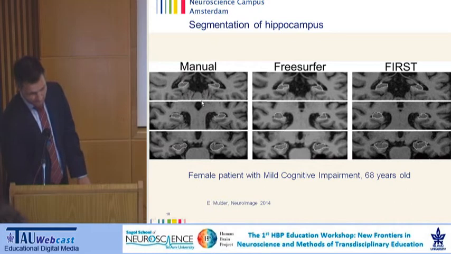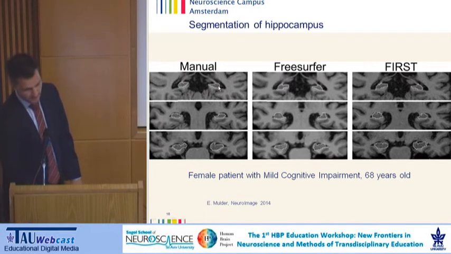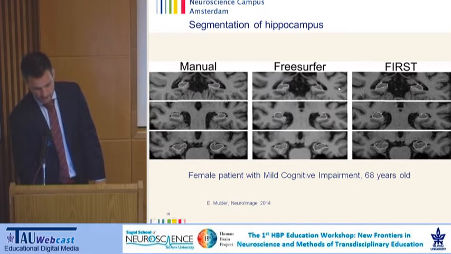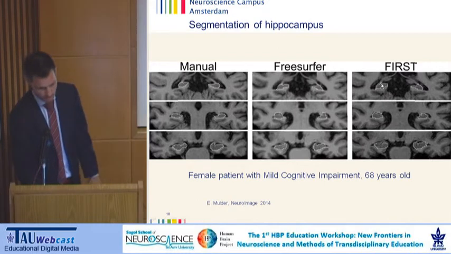Finally, to close off with the brain atrophy, and in this case the hippocampus, in Alzheimer's disease and mild cognitive impairment, there are several tools now that automatically identify the hippocampus, and they do a reasonable job in healthy controls.